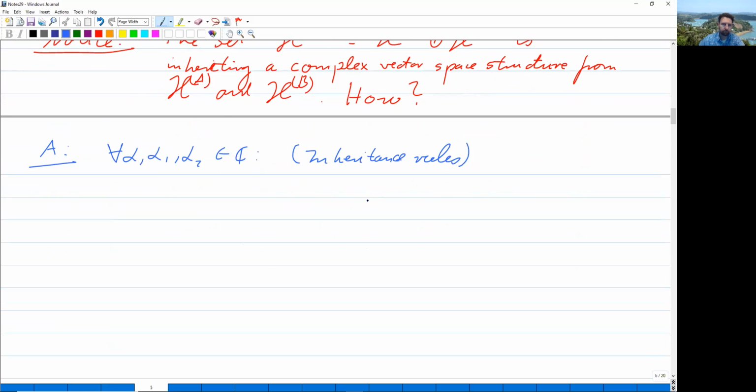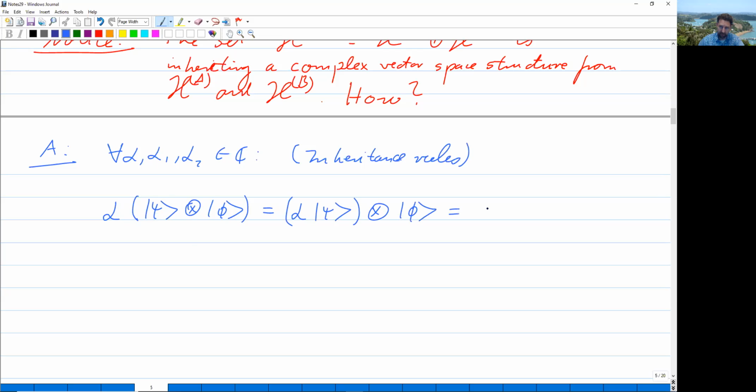Inheritance rules. We have that alpha psi tensor phi is the same. So what you get here is that you have a vector and you multiply it with a number. That's the same as if you took the vector, multiplied it with the number, and then take the tensor product with phi.